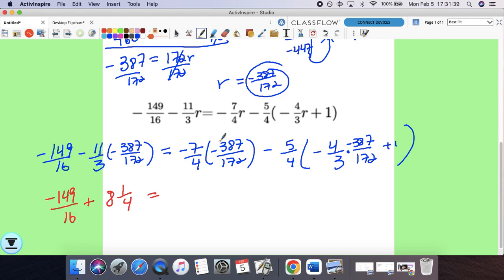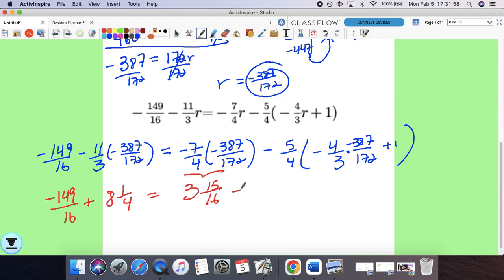Just got to bear with me. 7 over 4 times fraction 387 over 172. Enter. Let's simplify this, and this here becomes 3 15 over 16 positive.